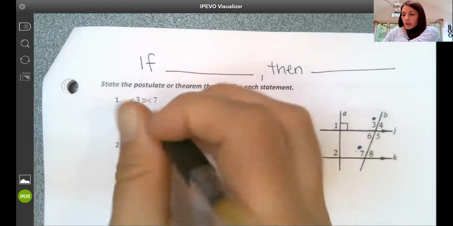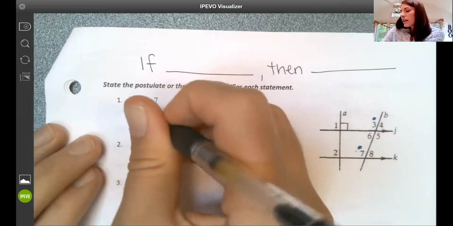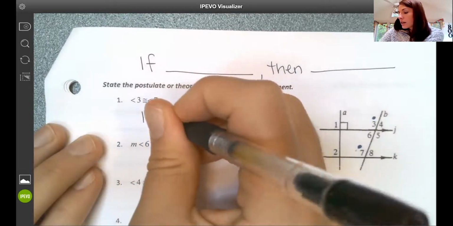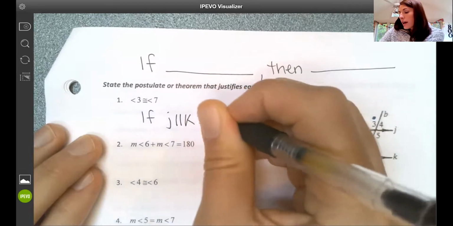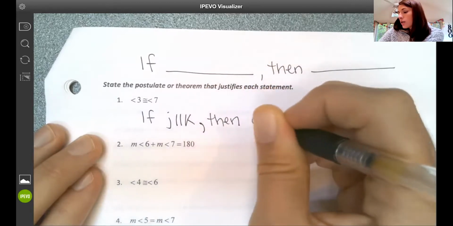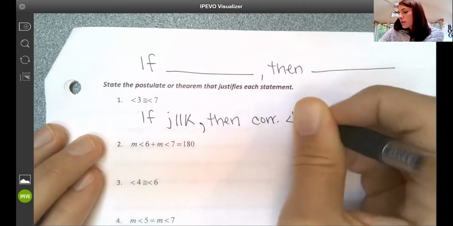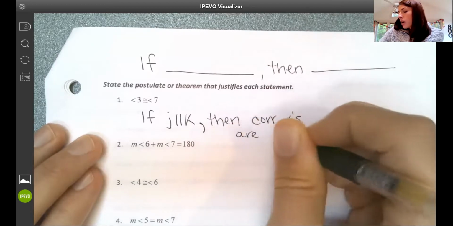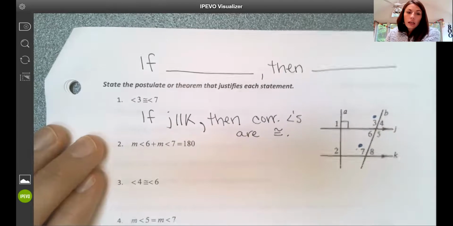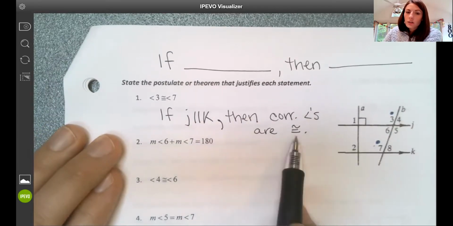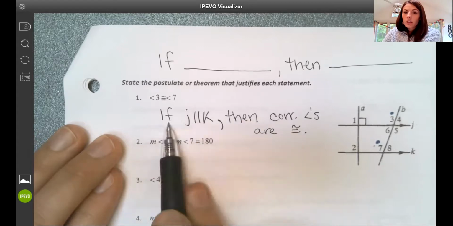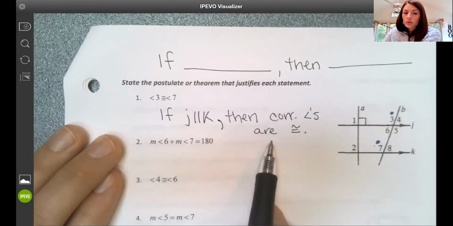So what I'm going to write here is if J and K are parallel, then corresponding angles are congruent. Okay? If the lines are parallel, then the corresponding angles are congruent. If this is true, then that's true.